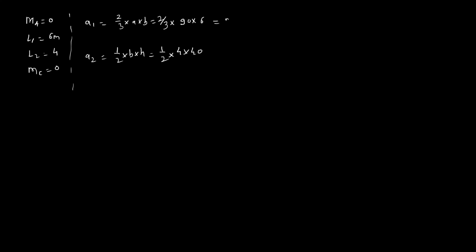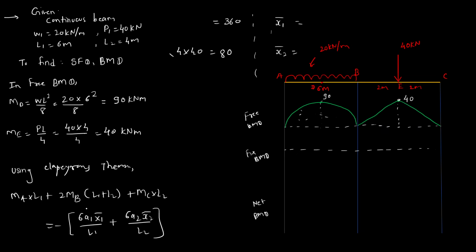So the A1 value is 360 and A2 value is 80. Now next comes the most important part, x1 bar and x2 bar calculation. x1 bar is the distance of the first centroid from A1. So this is x1 bar and this is x2 bar. From the diagram, x1 bar is 3 and x2 bar is 2.